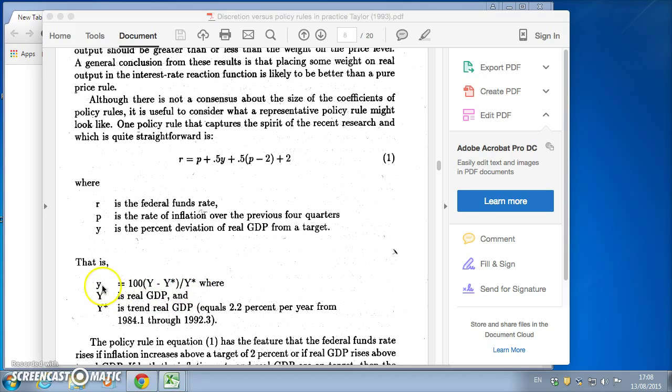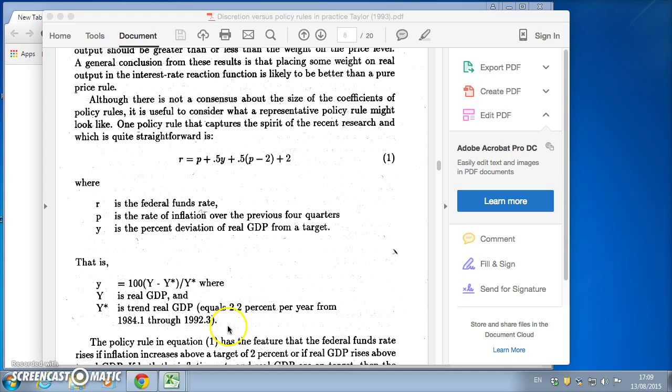So the lowercase y, which was the input here in the Taylor rule, denoted the GDP level minus the trend divided by the trend.